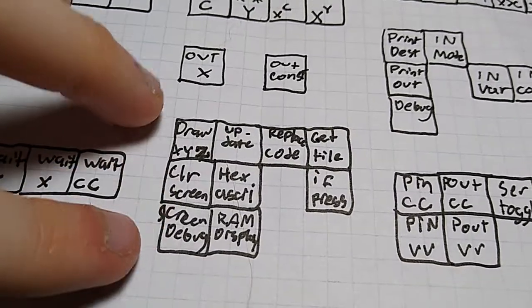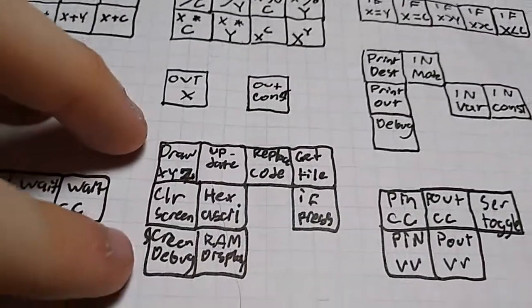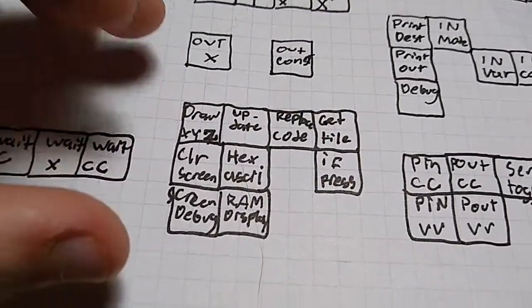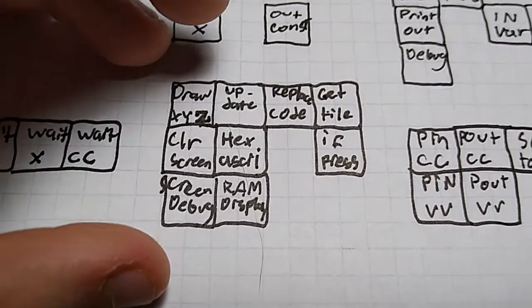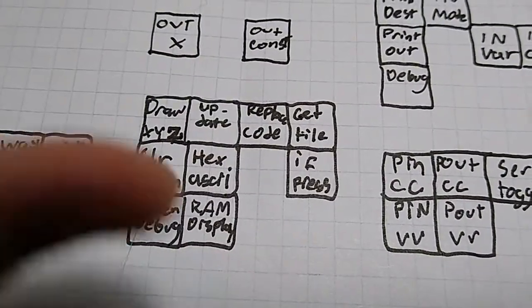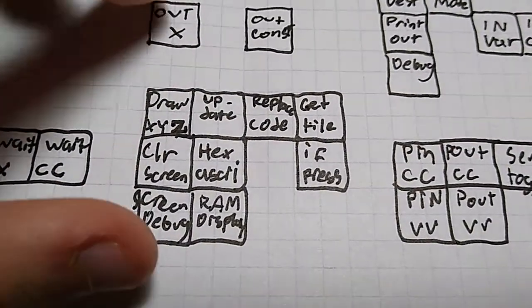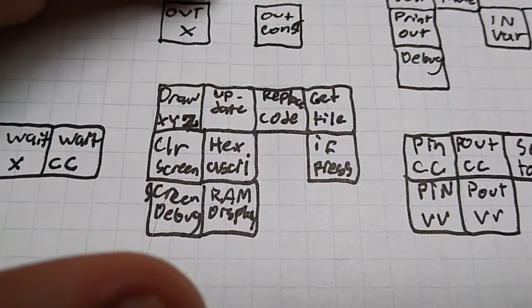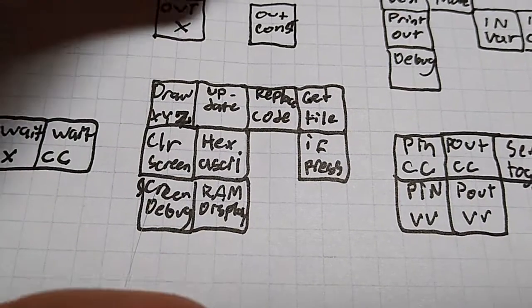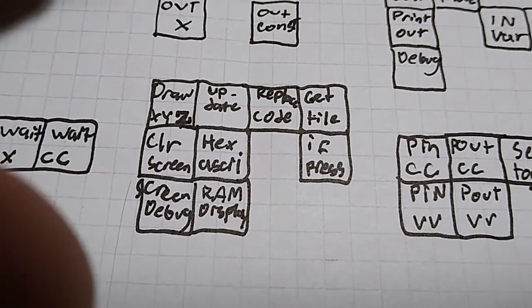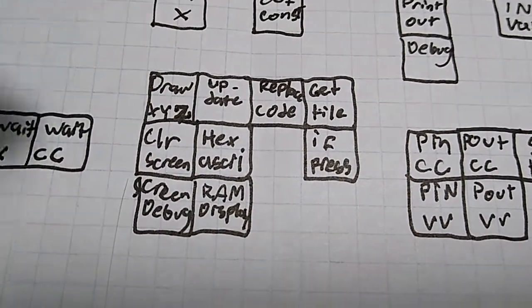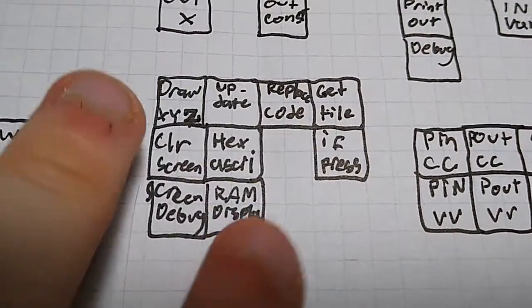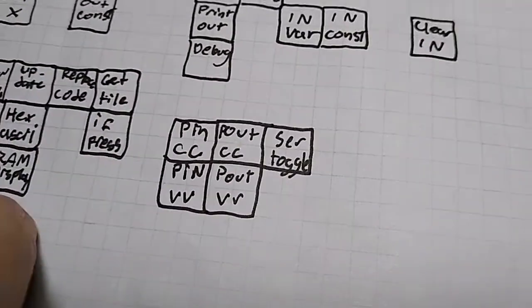The whole idea is that these are complicated instructions that you might want to use, and they're all implemented in the Arduino programming language, which is compiled instead of my assembled language, so these are going to be faster.